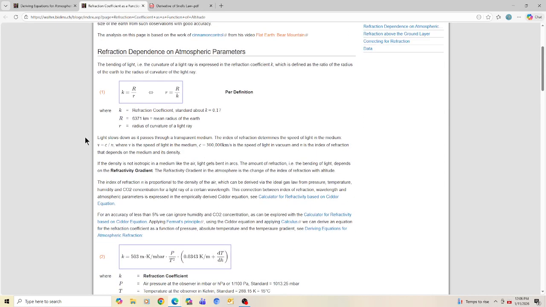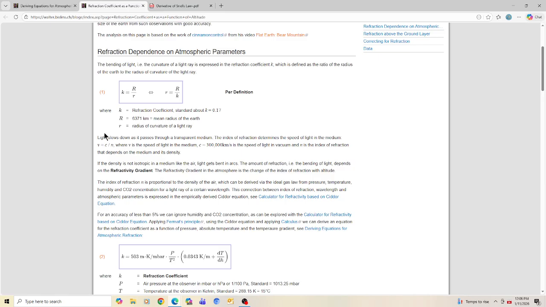So when we say light slows down as it passes through a transparent medium, that is a deceptive statement. If light is moving in a vacuum, it will slow down when it enters into a transparent medium, at which point it will maintain the speed in that transparent medium of fixed index of refraction.